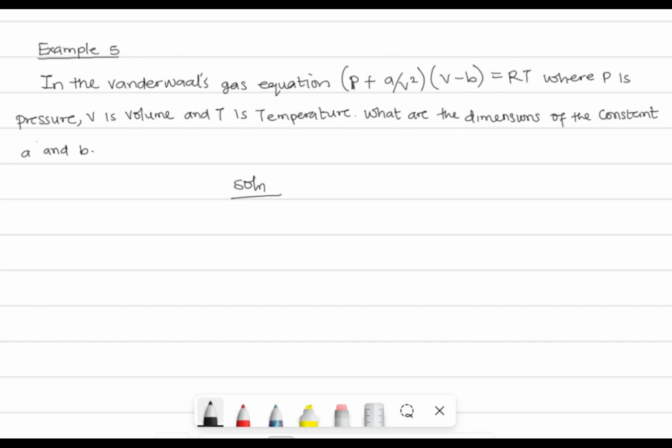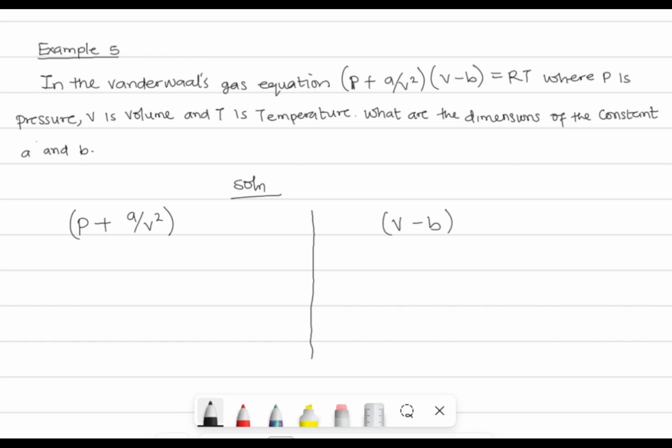Well, this is a very easy one, but I want to explain this question. Right here, we are seeing two things. Let me rule a line. The first one, P plus A over V², and then V minus B.